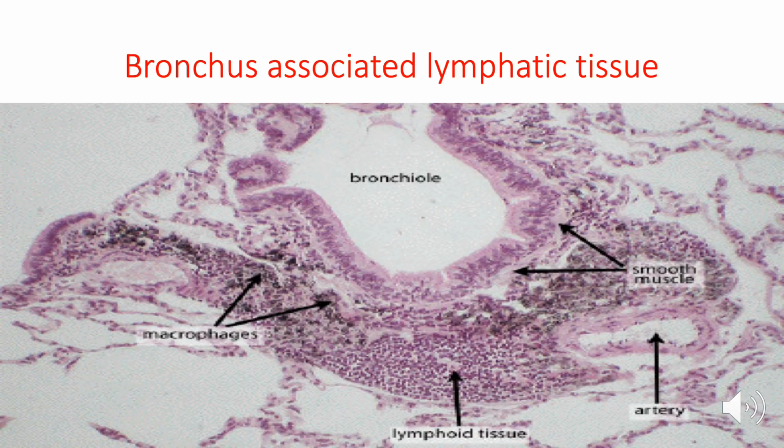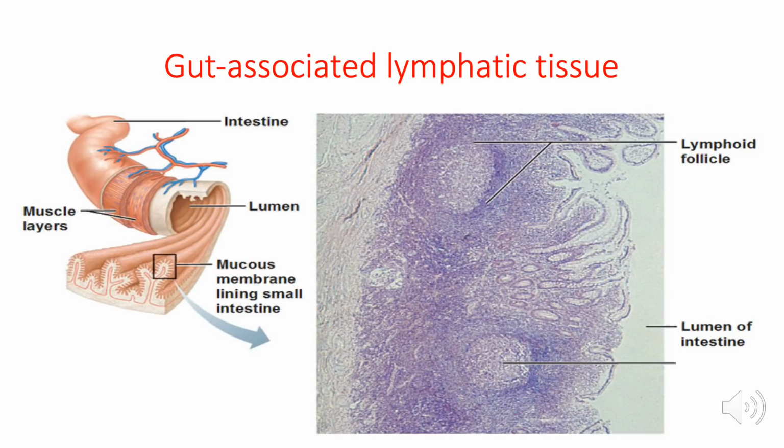Can you appreciate that below the epithelium of the bronchiole, you have a group of cells that is labeled as lymphoid tissue. So this group of lymphocytes here will be referred to as bronchus-associated lymphatic tissue. And they are examples of mucosa-associated lymphatic tissue.